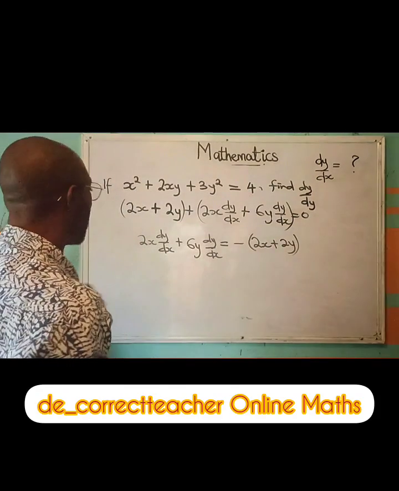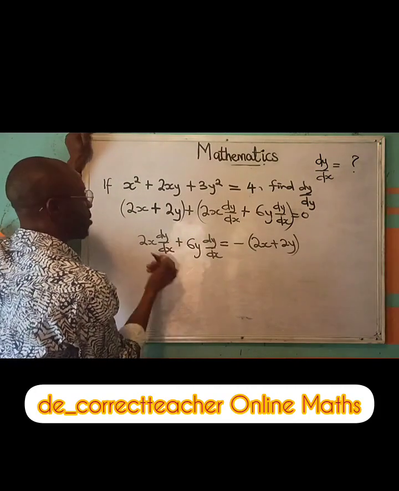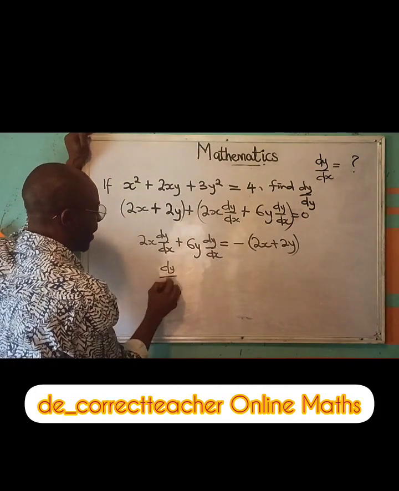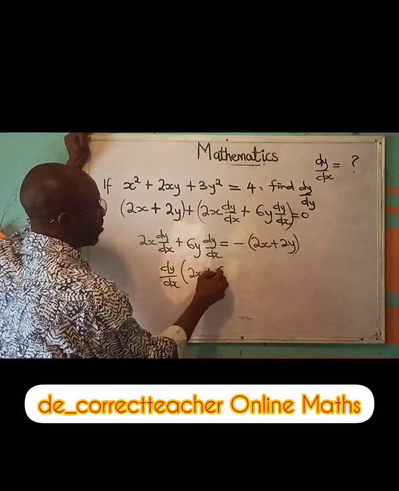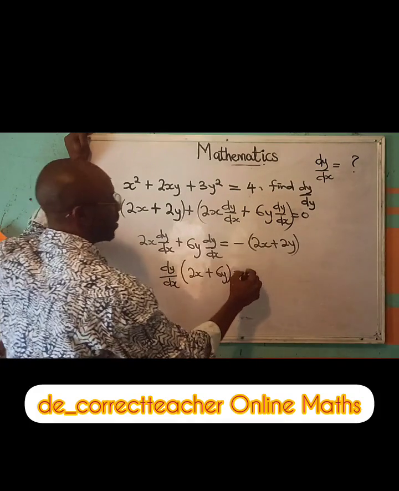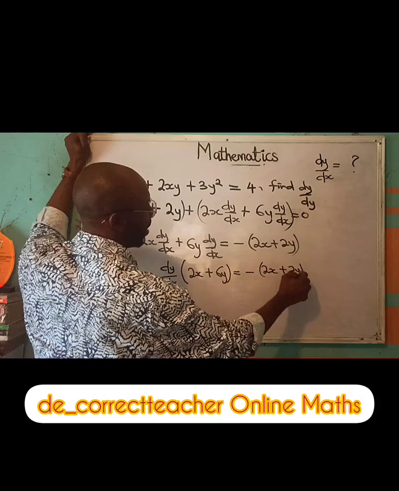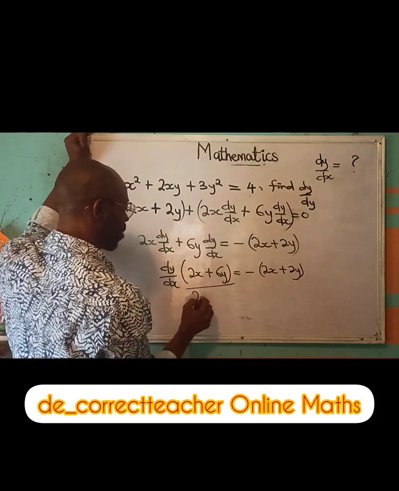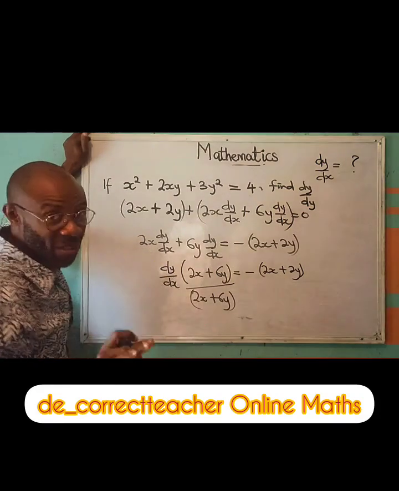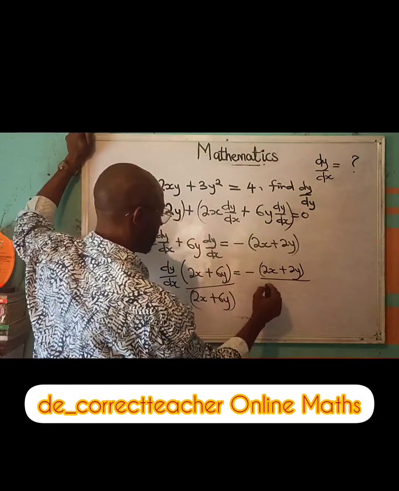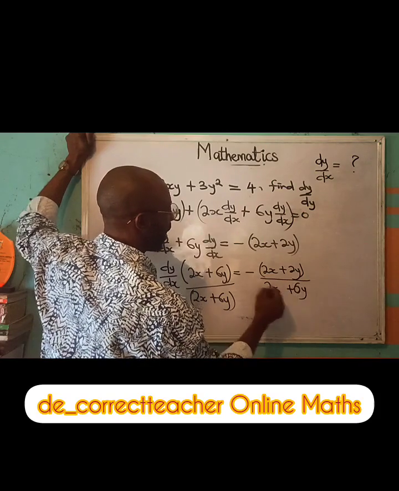So here I can factor out what is common. dy over dx is common, so let me factor it out. dy over dx, open a bracket, 2x plus 6y, equals minus 2x plus 2y. Remember, let's bracket, so that I can divide by 2x plus 6y, so that this dy over dx can stand on its own. Then I divide this by 2x plus 6y.